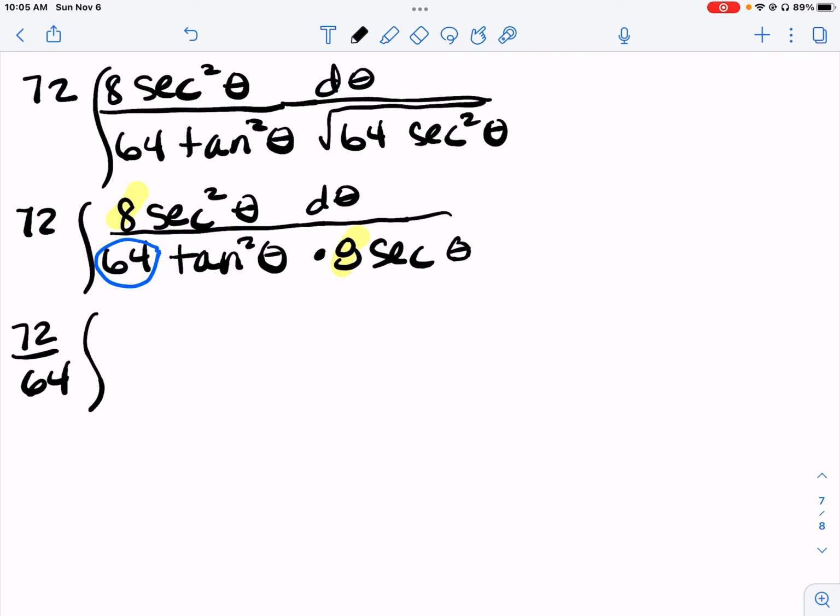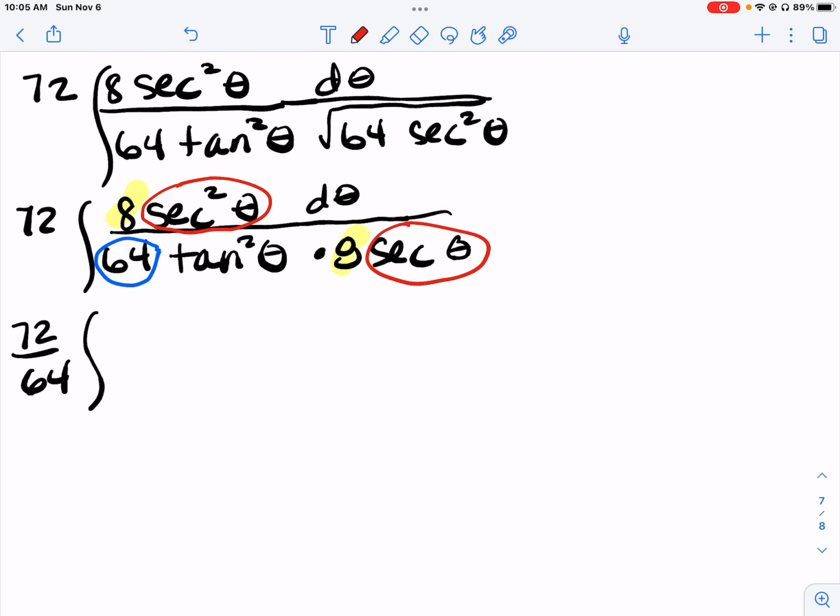Now, I've got a secant squared divided by a secant would leave secant theta d theta. Let me rewrite that. I didn't mean to still be using red. Okay, so secant squared divided by secant.